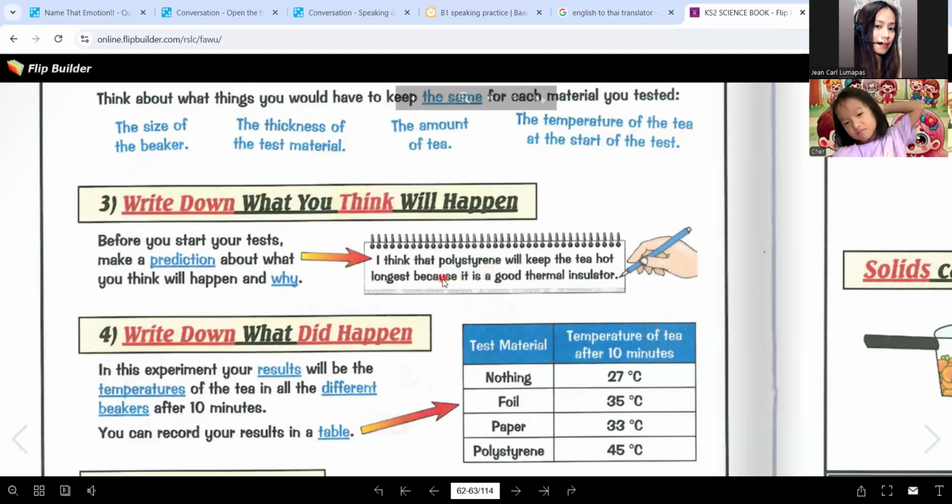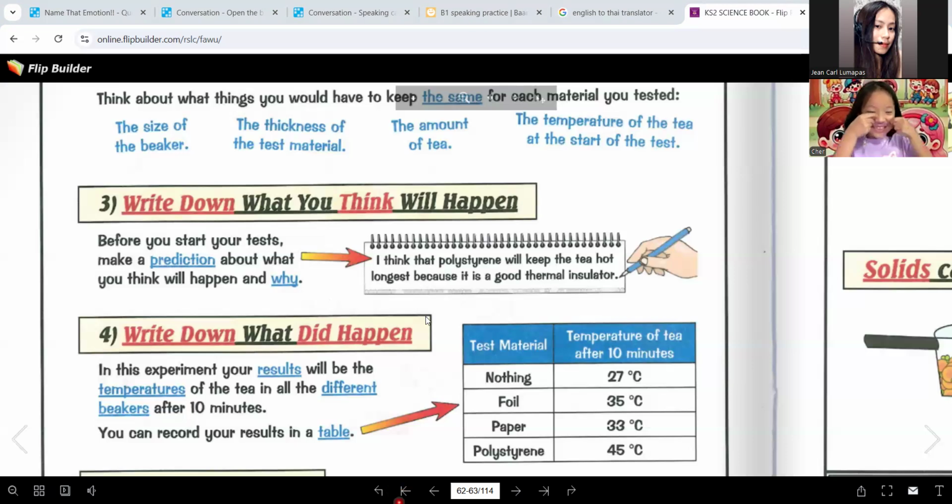I think that polystyrene will keep the tea hot longest because it is a good thermal insulator. Okay, are you ready now? Yes. All right, here we go.